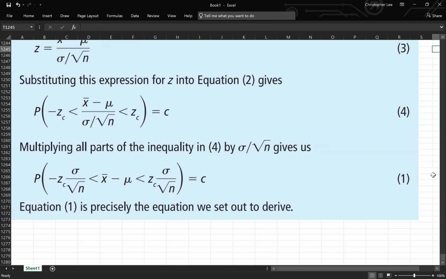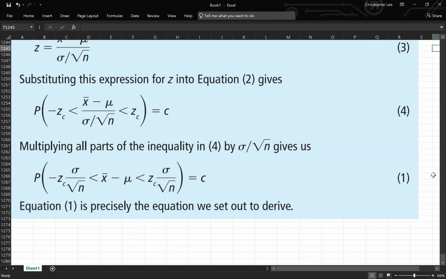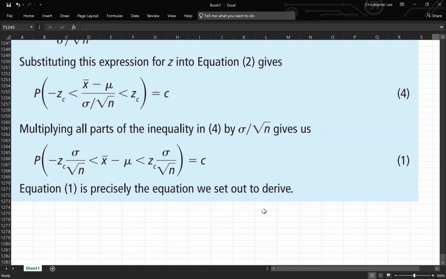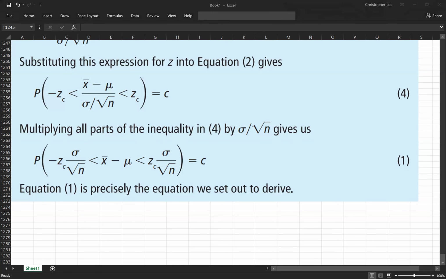This is the probability of negative Z critical times the standard deviation over the square root of n less than X bar minus mu less than Z critical times the standard deviation divided by the square root of n, which will give us our critical value. So equation 1 is precisely the equation that we set out to derive. Some good stuff here, good stuff.